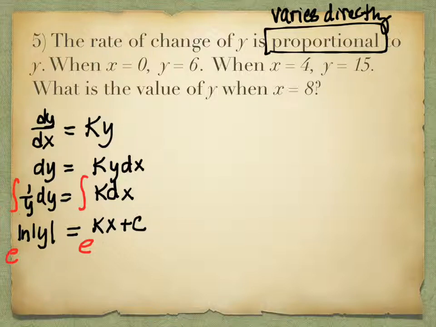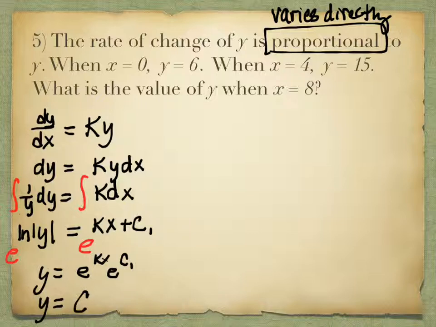All right, so this is y equals e to the kx, e to the c. Let's call this c1 back when we did it, because I don't really want it written separately with the addition like it was. I'd really much prefer it being written as multiplication. So c e to the kx.